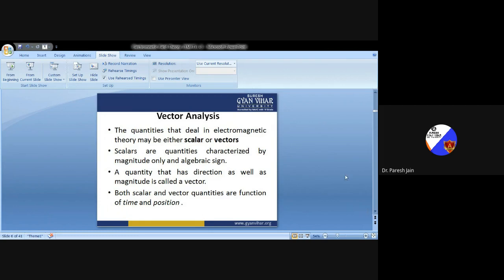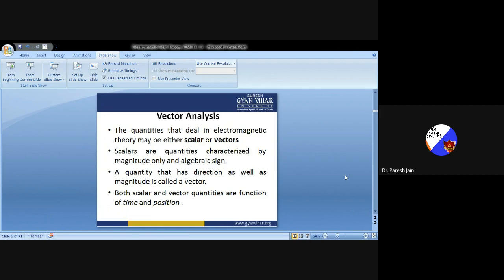Through this course, you are able to solve scalar and vector quantities, dot product, cross product. You easily understand the basic concepts of vectors.